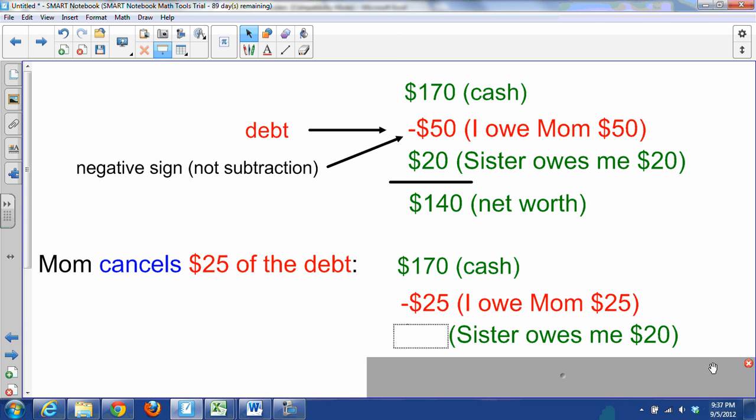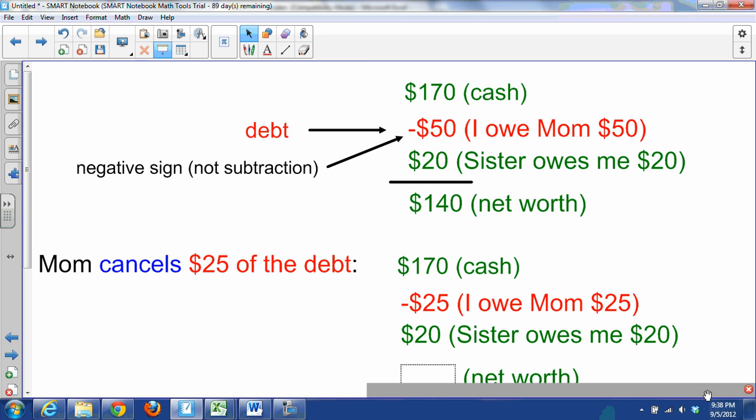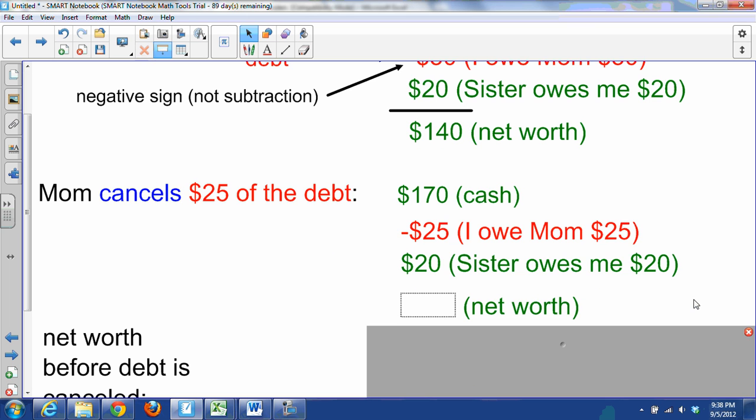Sister still owes you $20, so that's still represented as 20. And so what's your net worth now? Well, now your net worth is 170 plus negative 25 plus 20. So now your net worth is $165.